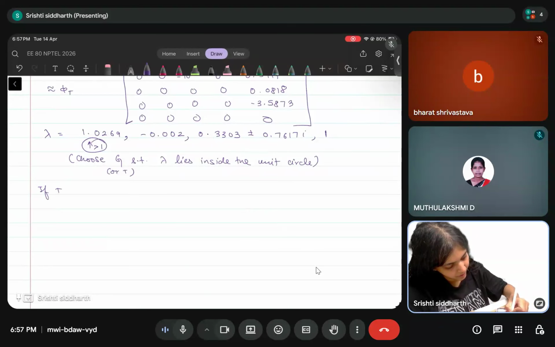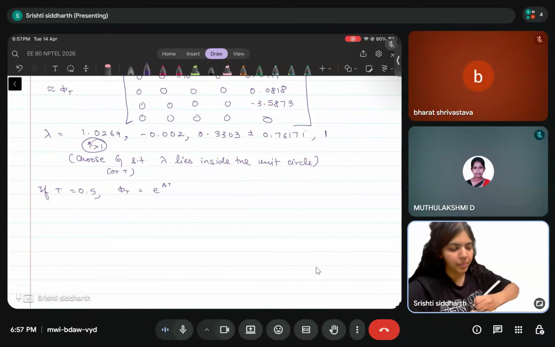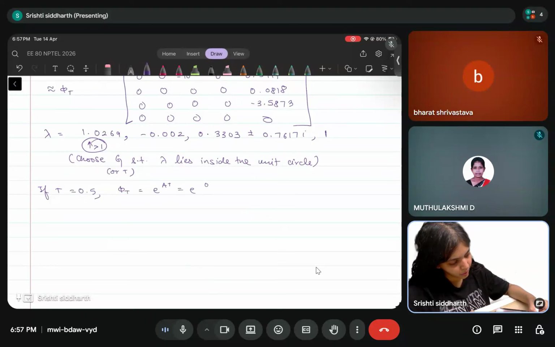So if t is 0.5, then phi of t is e to the power 0.5A.